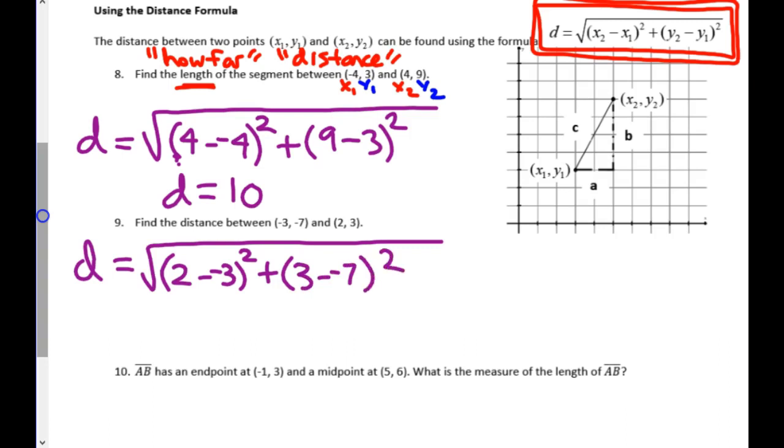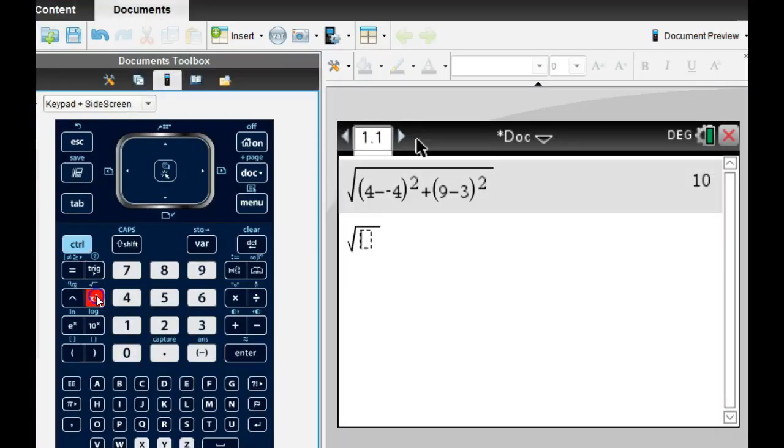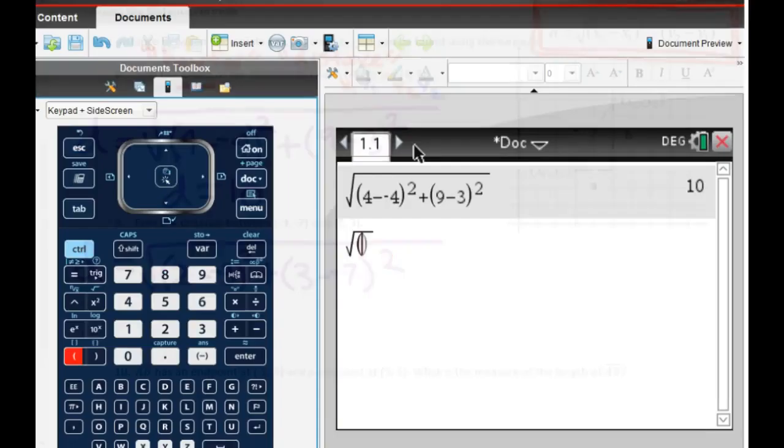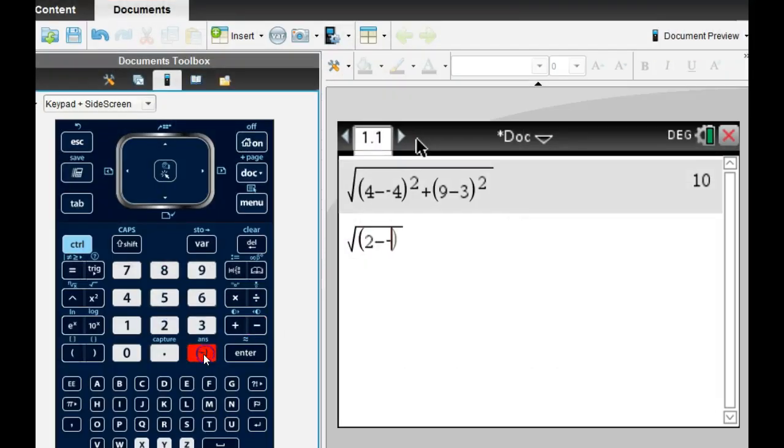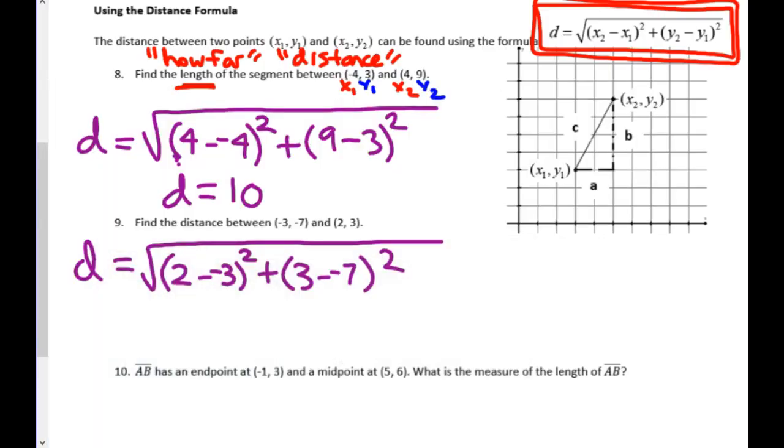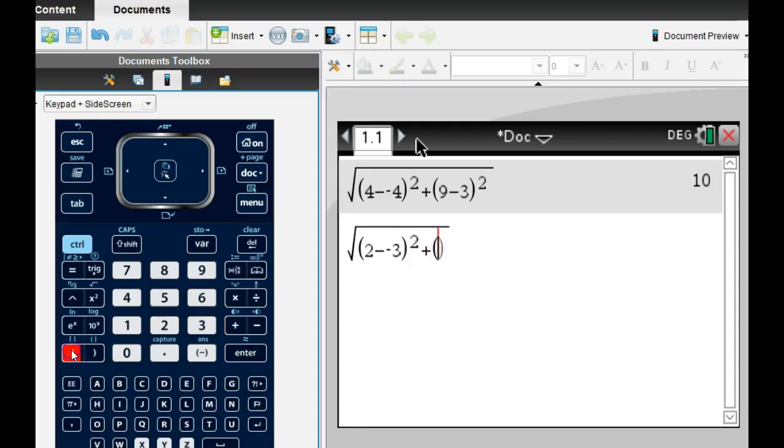Okay, let's see if we can type that in together, right? See if we get the same thing. So everybody's doing this. Square root, parentheses, 2 minus negative 3 squared, plus 3 minus negative 7 squared.